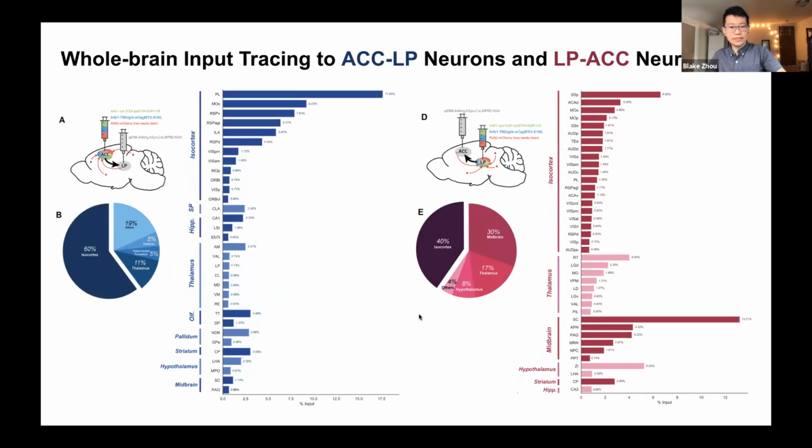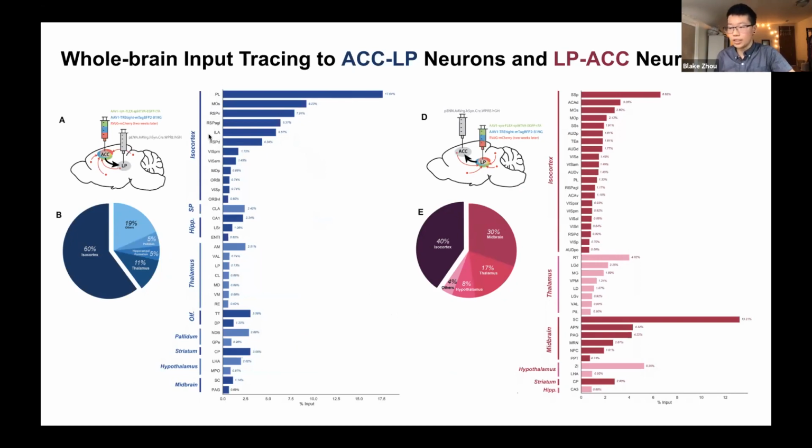Zooming in to the specific brain regions that contribute to the circuit, what is immediately clear is that LP and ACC projections are modulated by a diverse array of inputs. Starting with the ACC to LP side, the main contributors are frontal areas, such as the prelimbic area, PL for short, and infralimbic area, ILA.